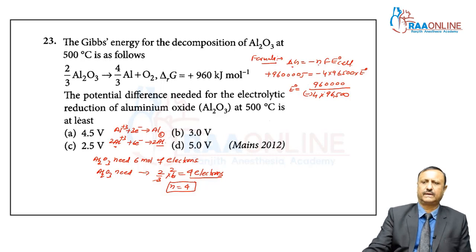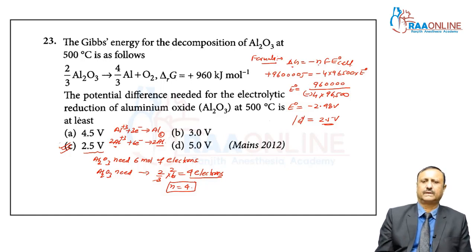When you divide this, you get E naught as minus 2.48 volt, which is about 2.5 volt. So, my dear students, your answer is C, 2.5 volt. So, this is the answer.